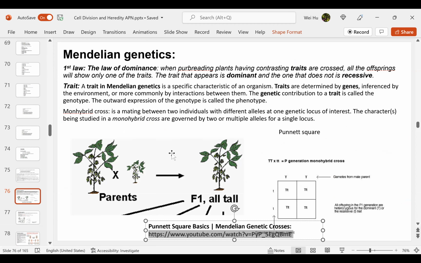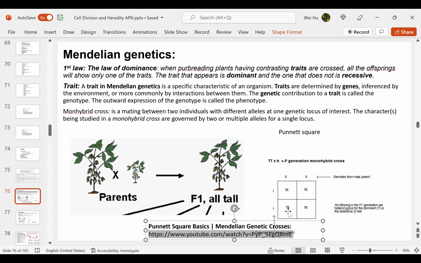Okay, so let's do a Punnett square for these trees. Let's say your father is big T, so they show very tall. Your mother is short, they show small t. They're both homozygous. So when you cross, your big T combined with small t becomes big T, small t.